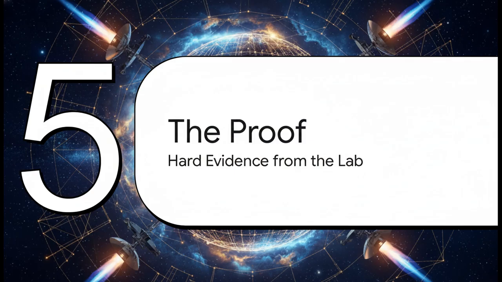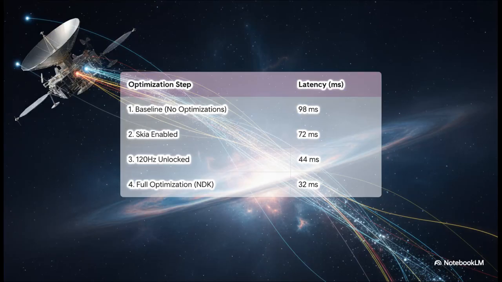Now, this all sounds fascinating in theory, but theory only gets us so far. We've got details from a very specific experiment with real hard numbers. So let's move to the climax of our investigation and look at the proof. Okay, check this out. This case study was done on a powerful Samsung Tab S7. The baseline app with 0 optimizations had a latency of 98 milliseconds. That's almost a tenth of a second. Just by enabling Skia, it dropped to 72.